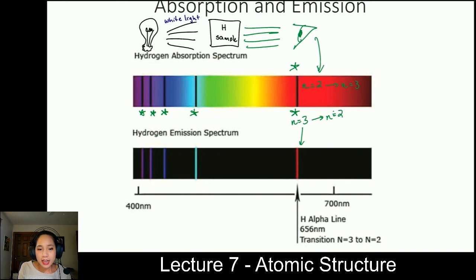And then this really light blue line would be the transition between n equals 2 to n equals 4. So essentially we're going up the ladder and rising to higher energy levels, while in the bottom emission spectrum, we fall down the ladder.